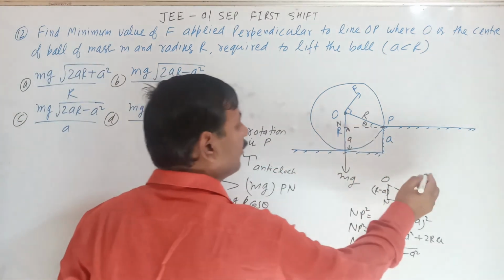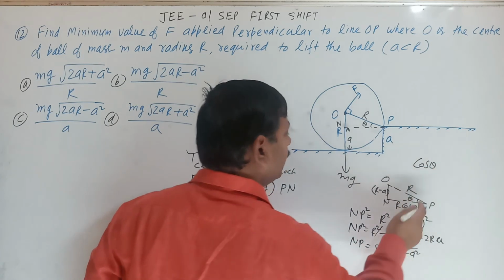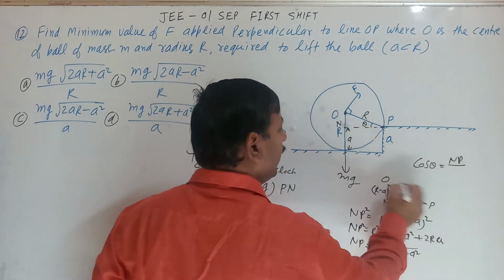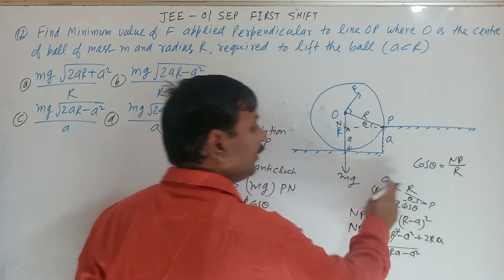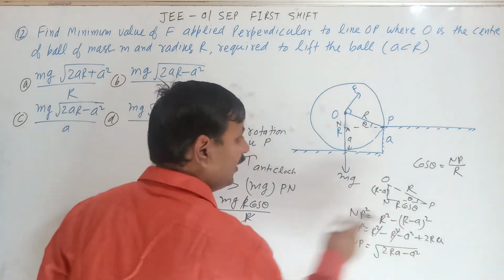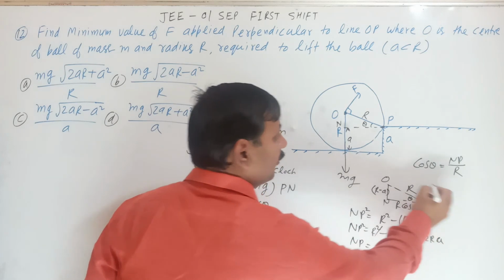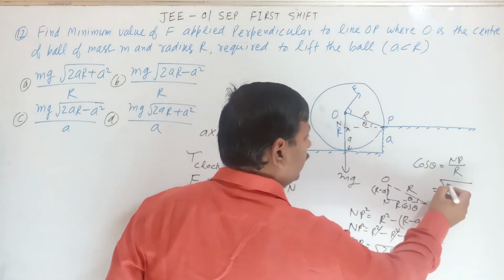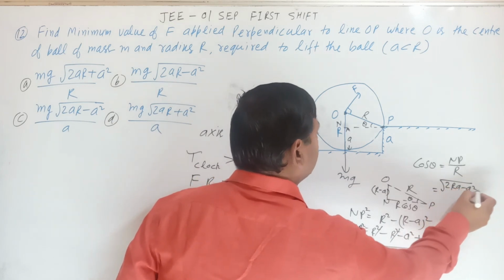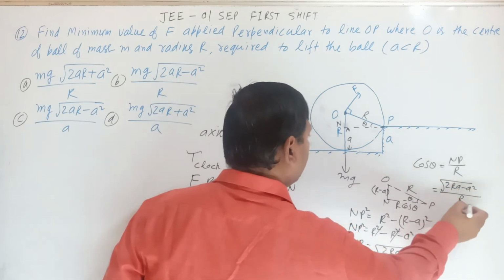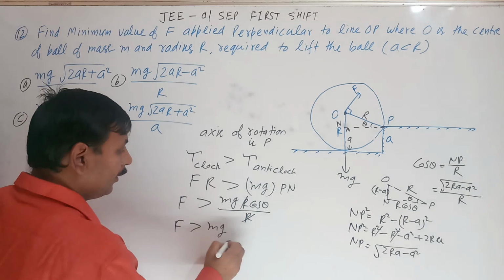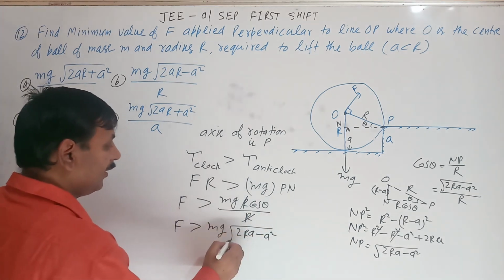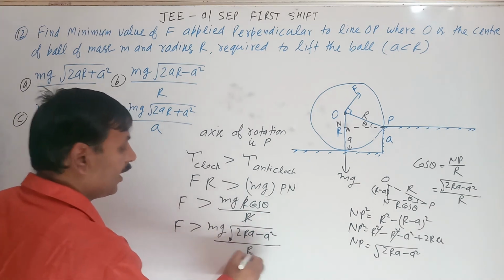We can see here cos theta is equal to base upon hypotenuse, that is NP upon OP, and NP we have found here. तो cos theta की वैल्यू कितनी आएगी? Under root 2ra minus a square divided by r. So if you are putting here, that is 2ra minus a square divided by r.